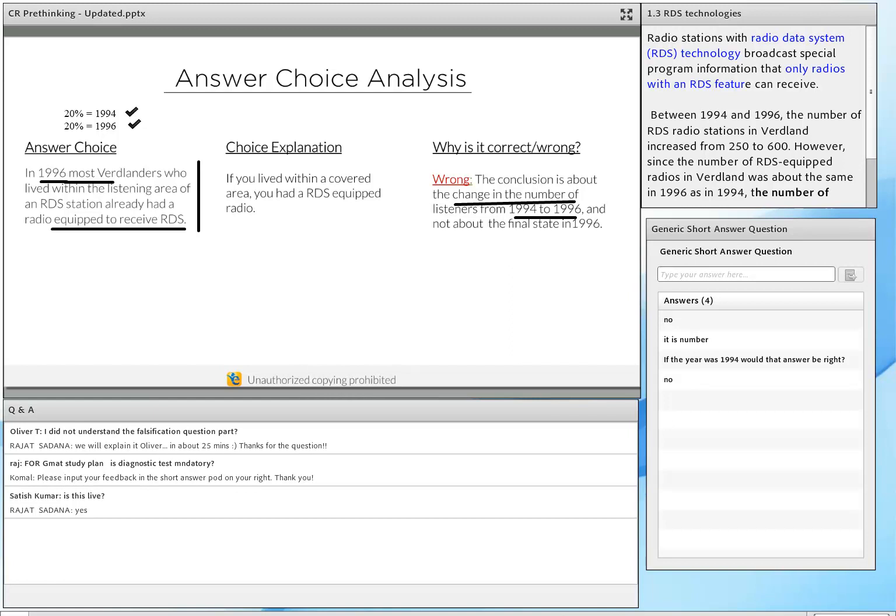It was built on the number. In the same way, the number here doesn't matter. What matters is that it shouldn't change between 94 and 96. We care about the change, not the absolute numbers. And that's why you need to learn how to visualize A, the conclusion, and B, the answer choices.